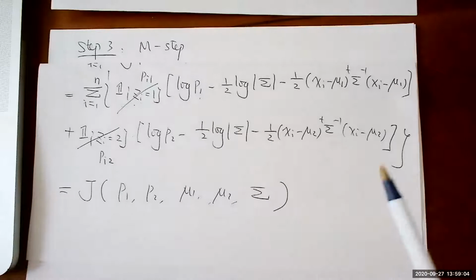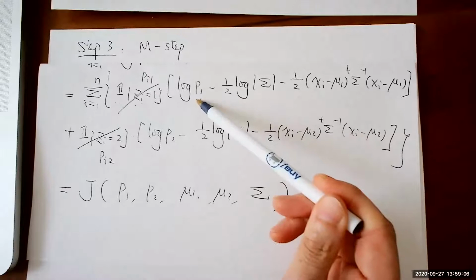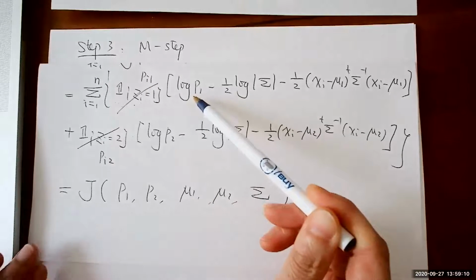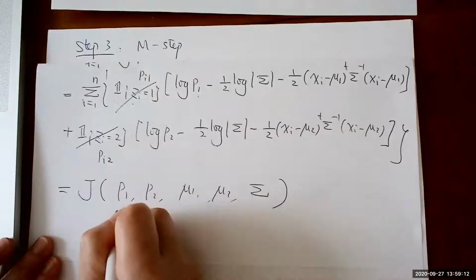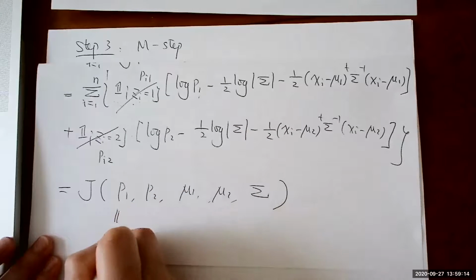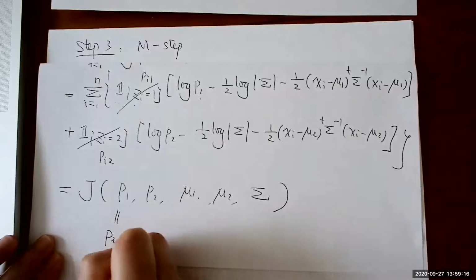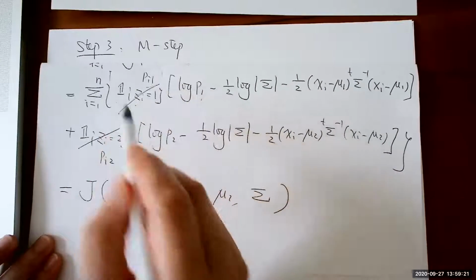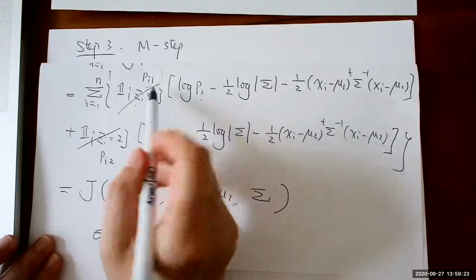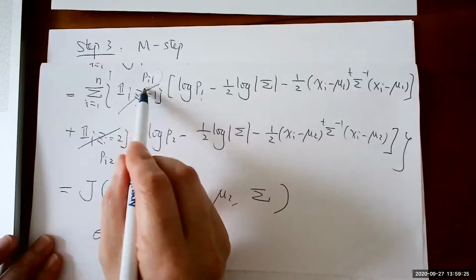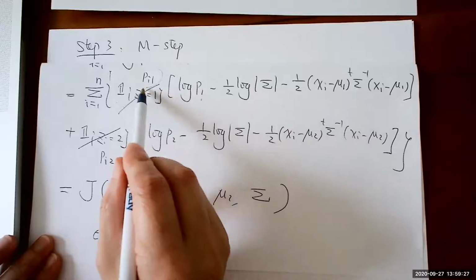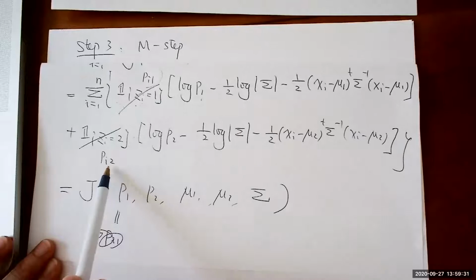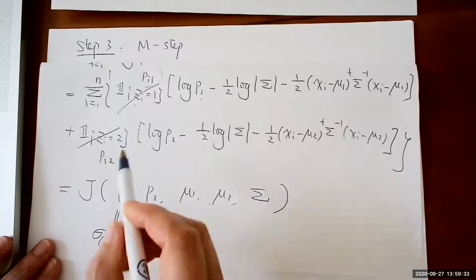So it turns out the optimal estimate for P1 is just going to be the average of PI1, meaning you sum the probability over i and divide it by N. And you take the sum of PI2 over i divided by N, that's your P2 estimate.